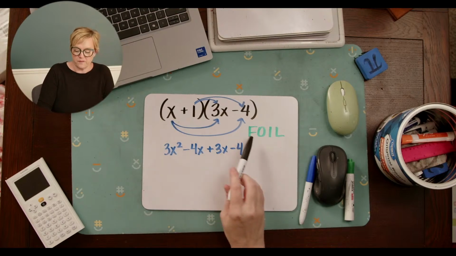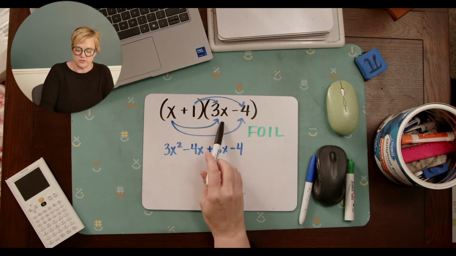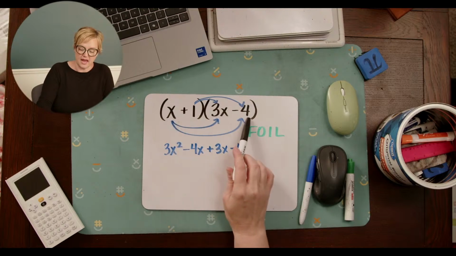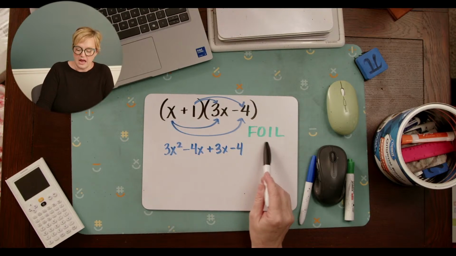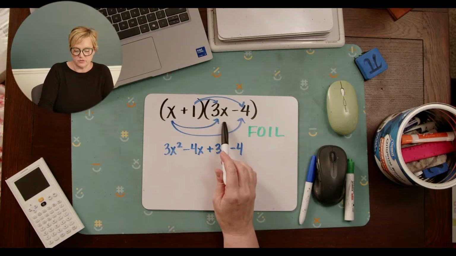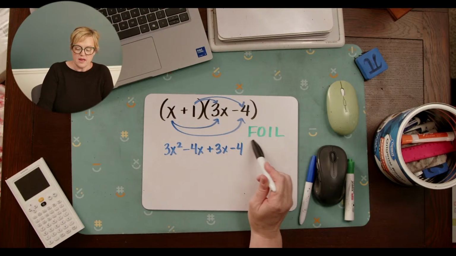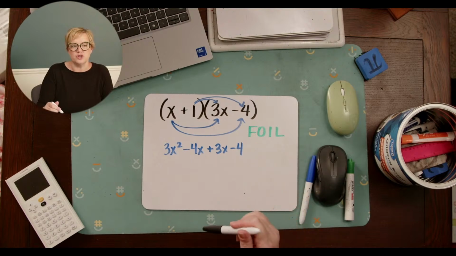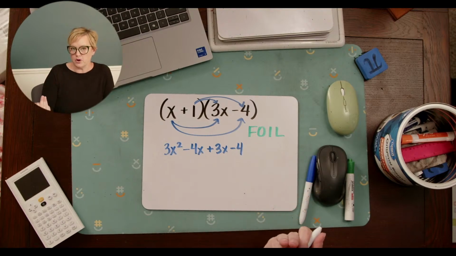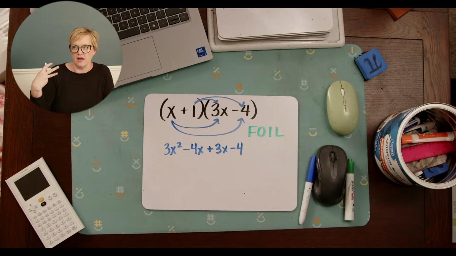F means first, x times 3x. O means outside, which is x times negative 4. I is inside, which is 1 times 3x. And L means last, which is 1 times negative 4. This is just a way to remember and keep track of multiplying everybody together.